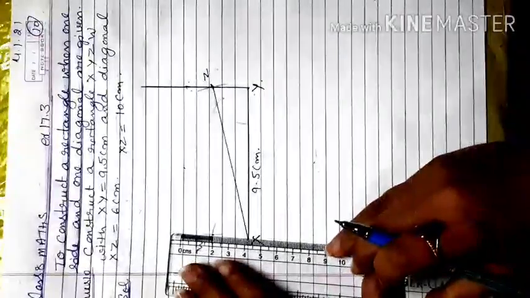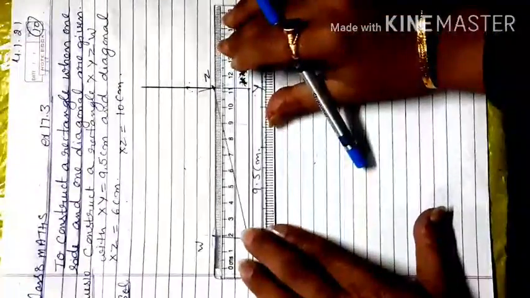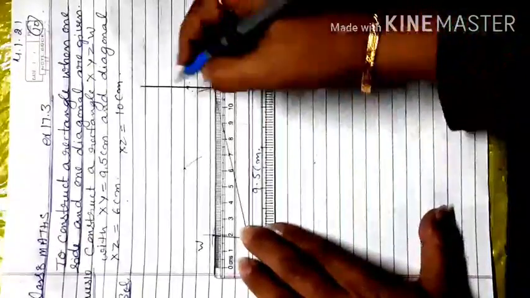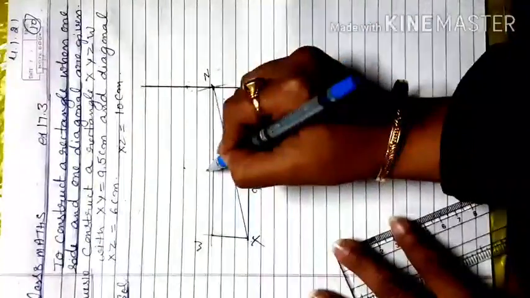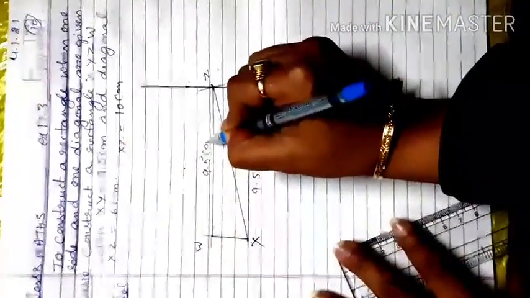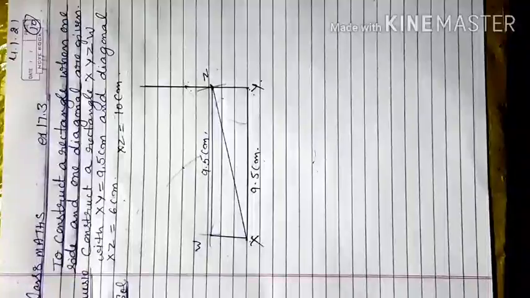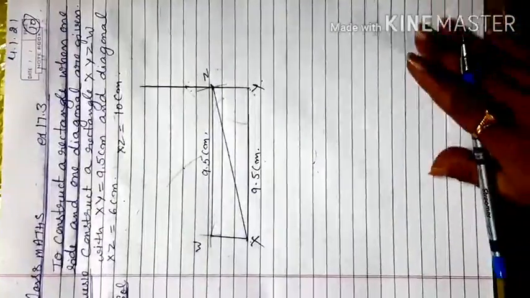Now I join xw and wz, because in a rectangle the measurement of opposite sides is the same. Whatever this yz measure is will be the same here. This will be 9.5 centimeter, this will be 9.5 centimeter. This way my figure will be completed.